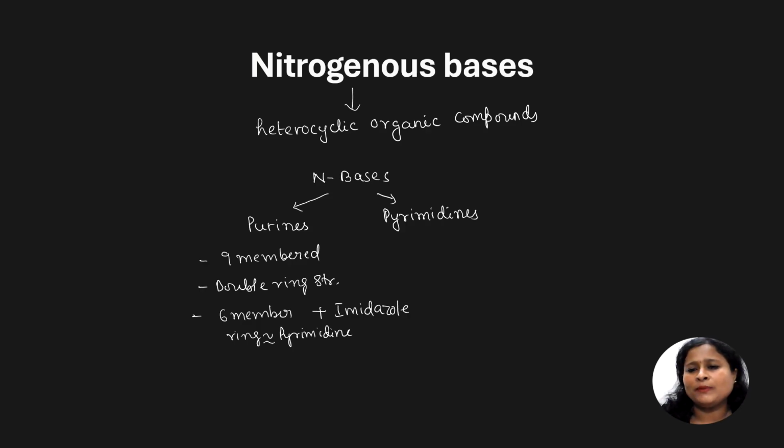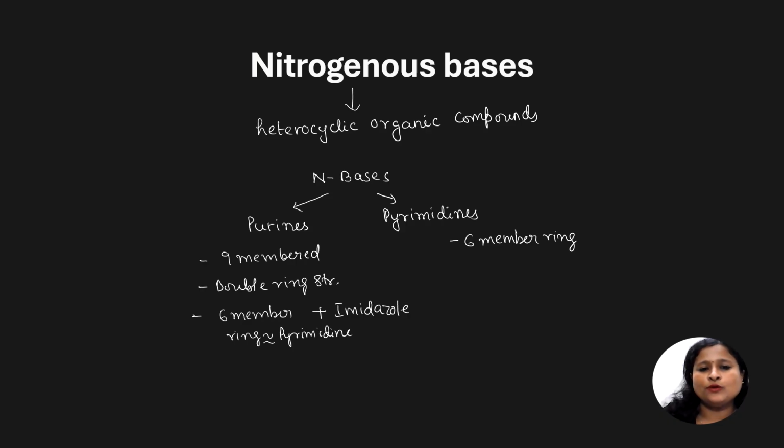And what about pyrimidines? Pyrimidines consist of a 6-membered ring structure. So you can remember like this, that even though the name purine is small, they have a bigger ring structure. So they have 2 rings fused in them, while pyrimidine has a single 6-membered ring structure. Right? Now, what comes under purine?